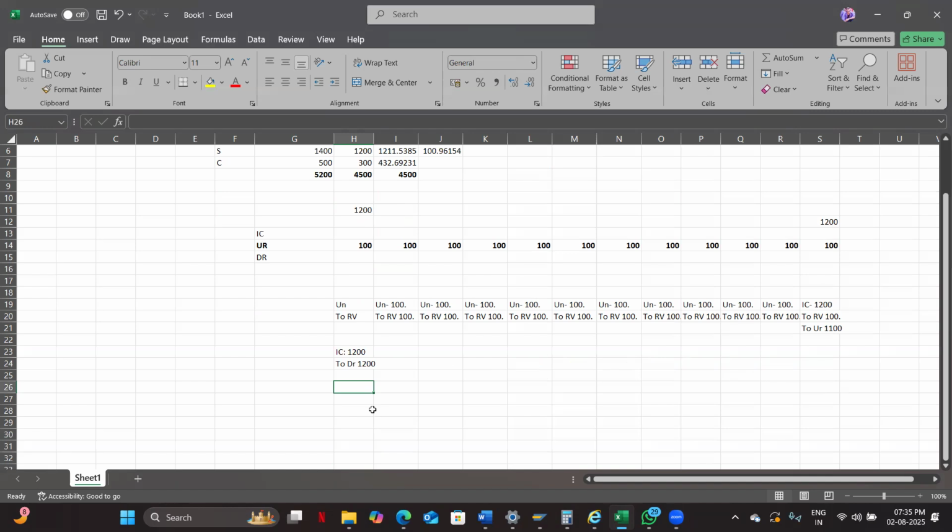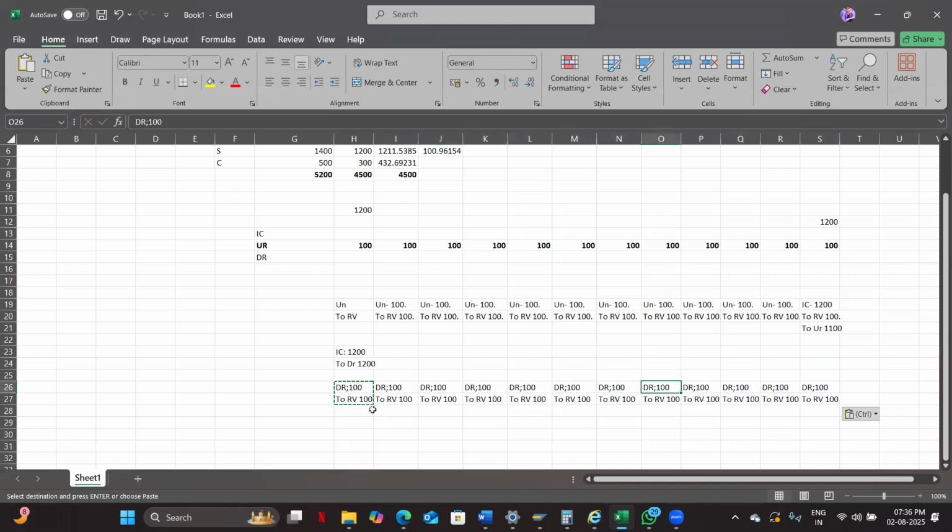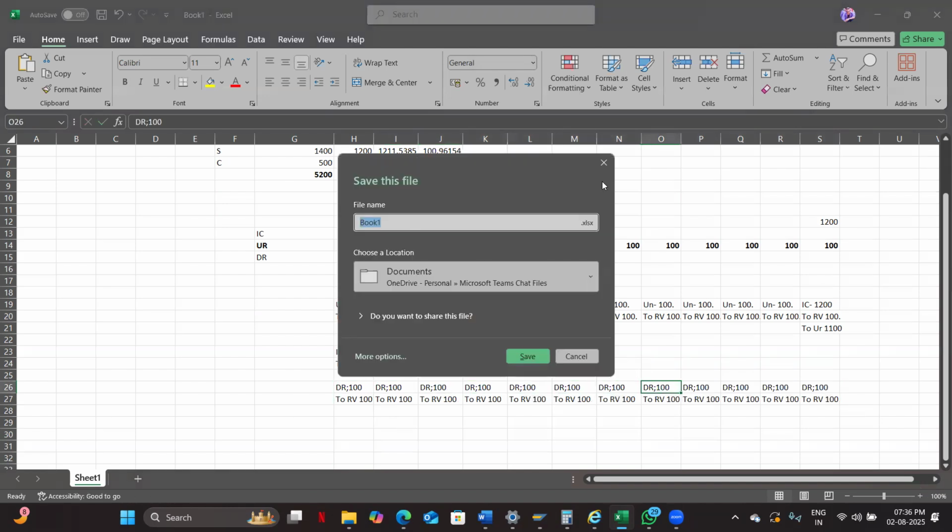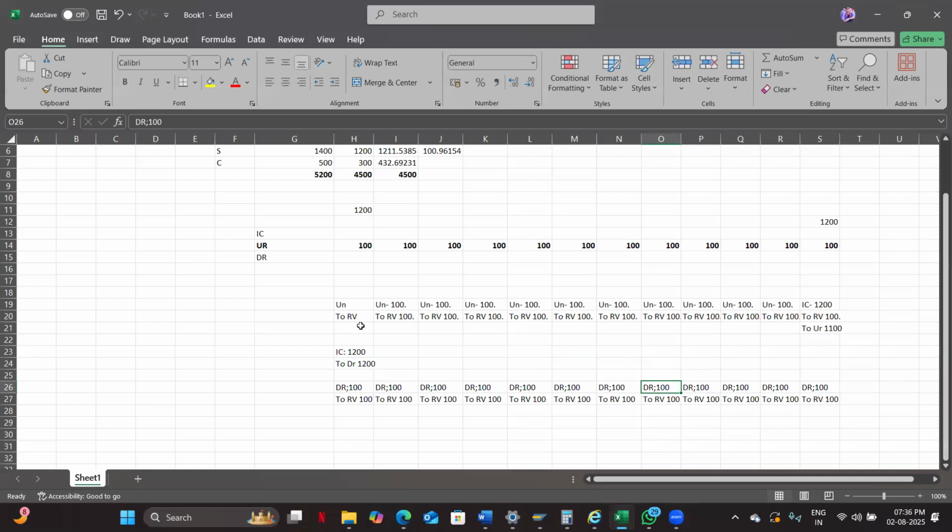So from the DR account, 100 is recognized as revenue, which is RP account 100. Until the contract ends, it goes on. This entry happens for upfront billing, and the other if they paid last bill.